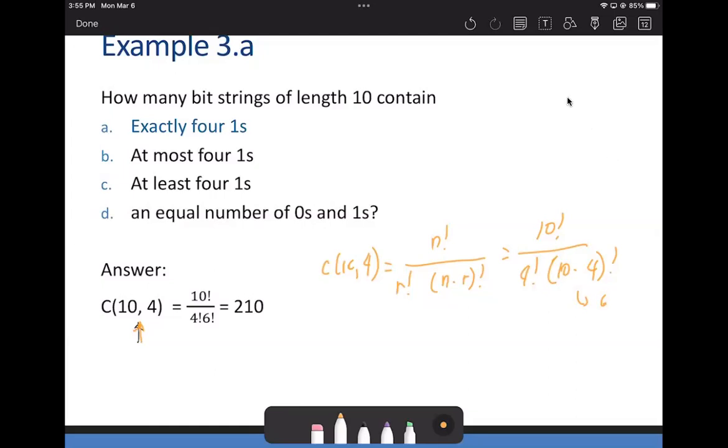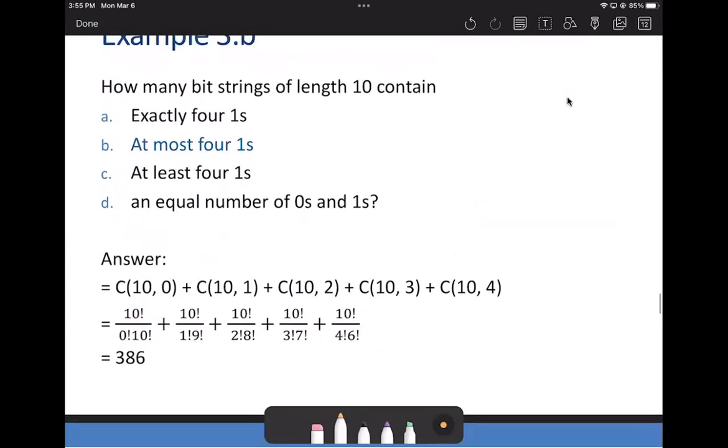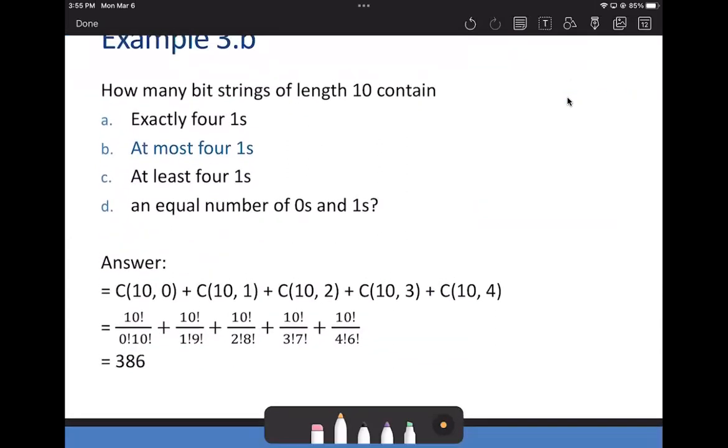At most 4 ones meaning meron tayong bit string na pwedeng walang 1, or bit string na 1 lang yung 1 niya, and there are bit strings that have only 2 ones, then it could only have 3 ones, and lastly there are 4 ones.